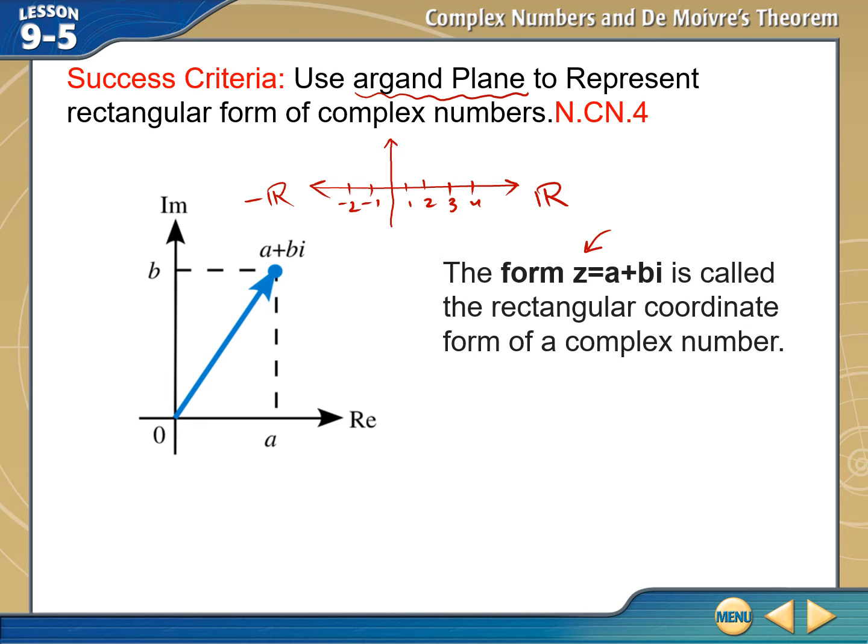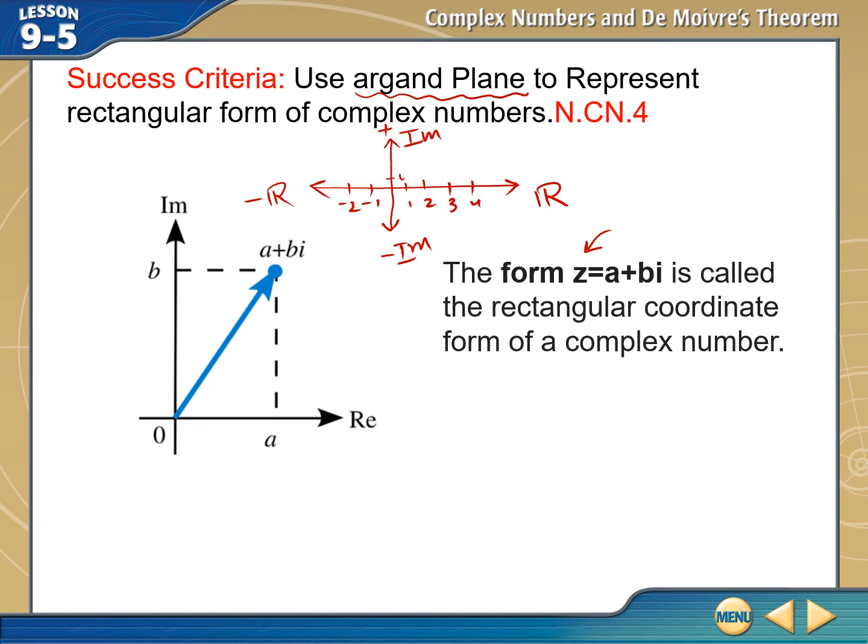And on the left hand side, -1, -2 and so on. And what about the y-axis? So on the y-axis, all the imaginary numbers are written. So above the x-axis, all the positive imaginary numbers are written, and below the x-axis, all the imaginary numbers with the negative sign are written.